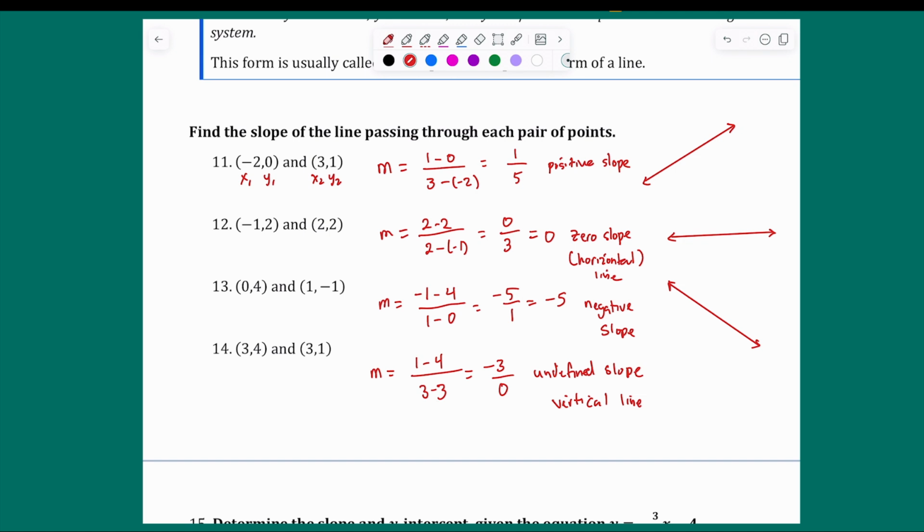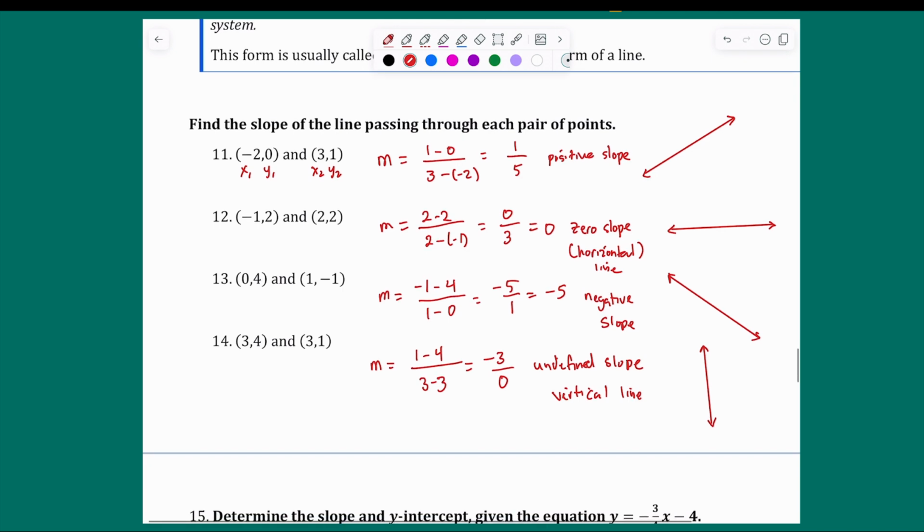Like the horizontal line has a slope of 0, a vertical line has an undefined slope. That means it's going vertically. For the change of y, you're not changing in x, therefore you're dividing by 0 all the time. So it's very steep. Undefined slope.